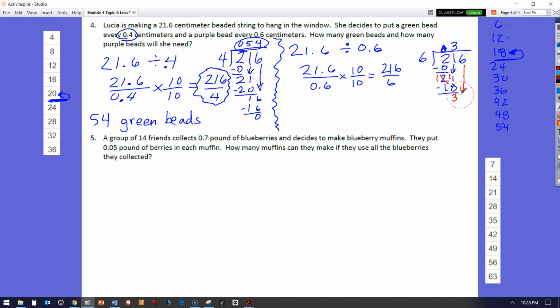I'm sorry about the color change here. I have 36 divided by 6, and I know that that's 1, 2, 3, 4, 5, 6. So that's going to be 36. Now my answer is 36 as well, but that's not because of that last 36 that I circled there. It just so happens to be the same thing.